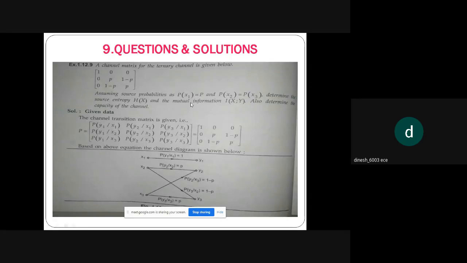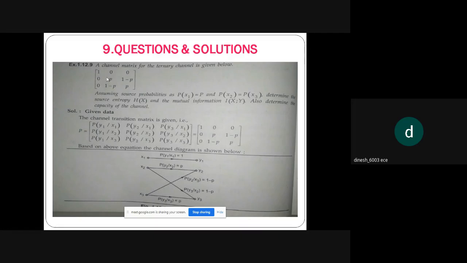We are going to find H of X, mutual information, and also the capacity, with given probabilities P of x1, P of x2, P of x3, and the transition matrix given. The major difference between the previous problems and this problem is that this is a ternary channel.